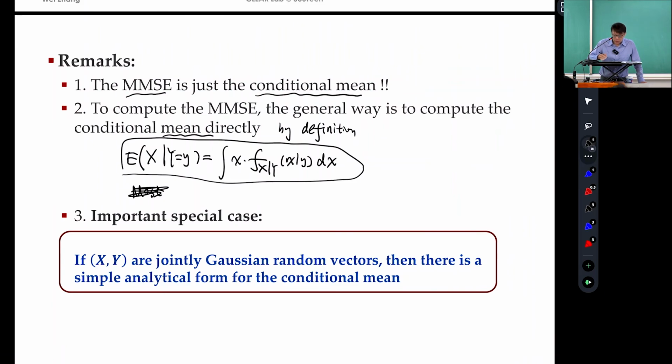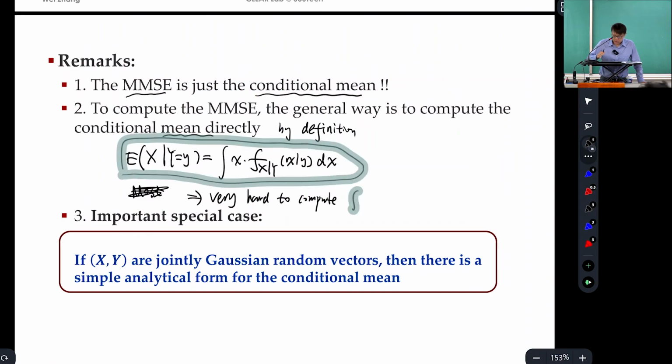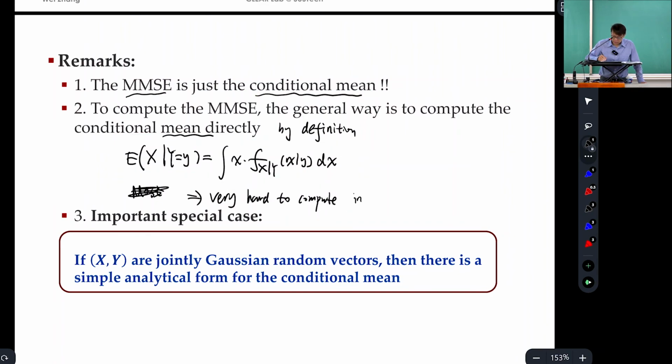But this is very hard to compute in high dimensional space, okay? When x and y are jointly distributed and there are 10 dimensions or 100 dimensions, a multi-dimensional integral is really hard to compute, even numerically.